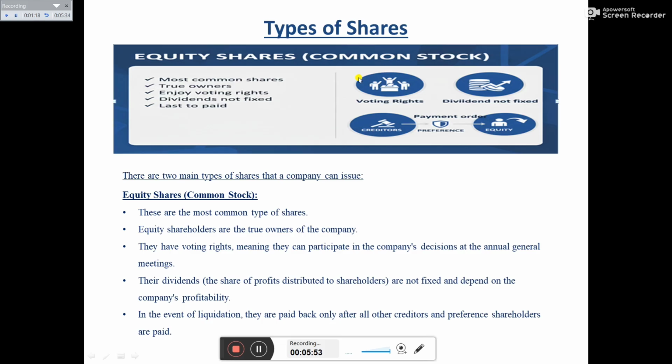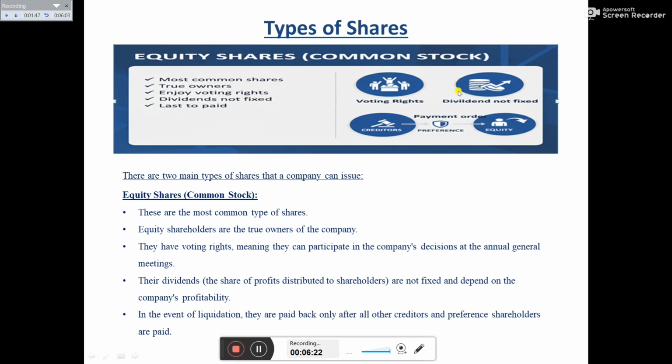When the company earns profit, he has a right to the profits, but his dividend is not fixed. It depends upon the profitability. When the company earns profit, he is eligible to get the dividend. If not, he is not eligible.